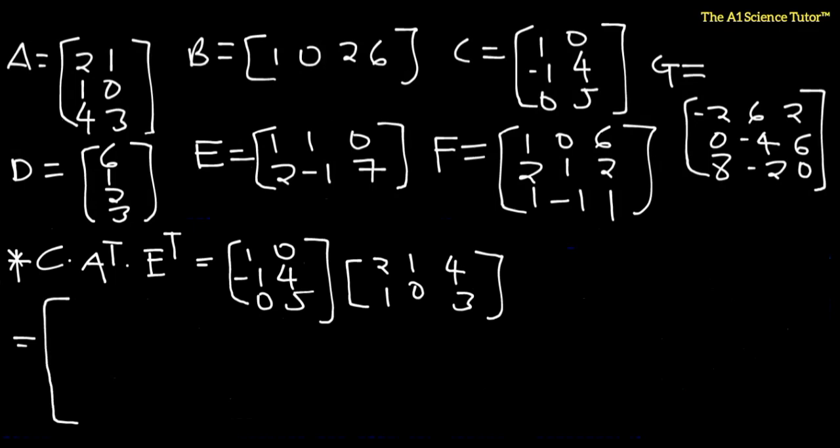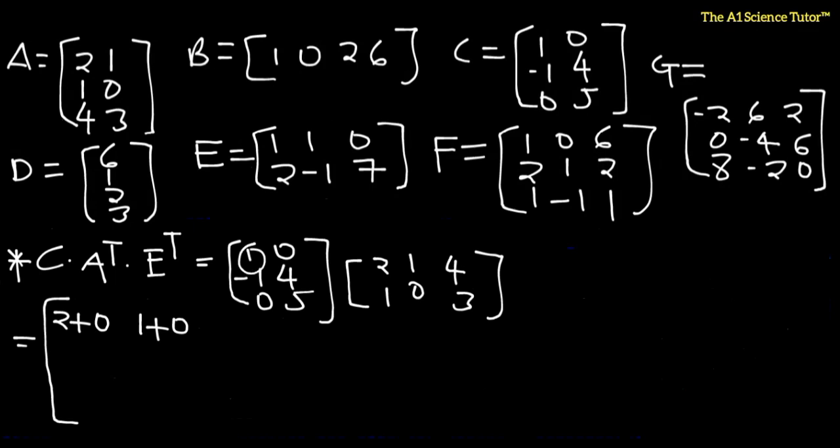Now we need to multiply C by A transpose. So this is going to be 1 multiplied by 2, which is going to give us 2. That will be plus 0 multiplied by 1. So that is 0. Then we have 1 multiplied by 1, which is 1, plus 0 multiplied by 0. So that is 0.